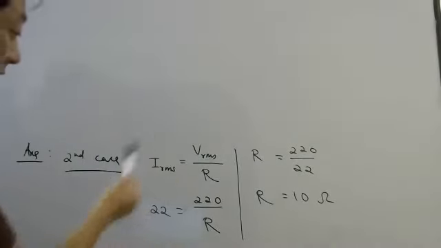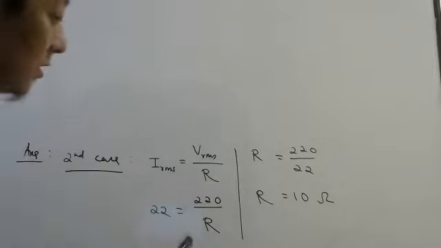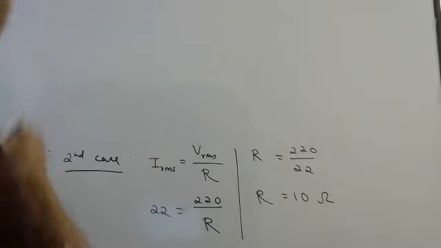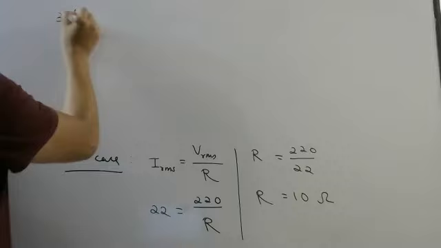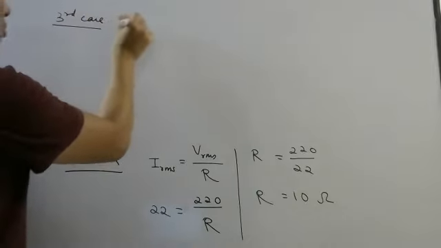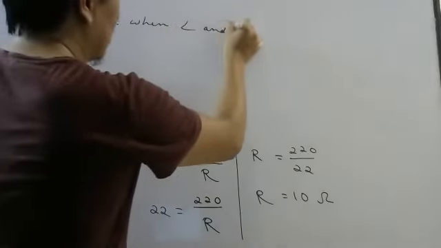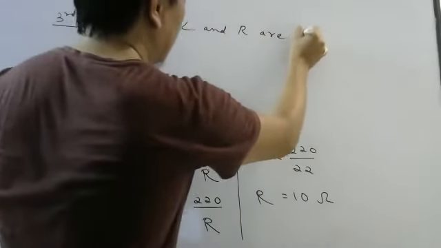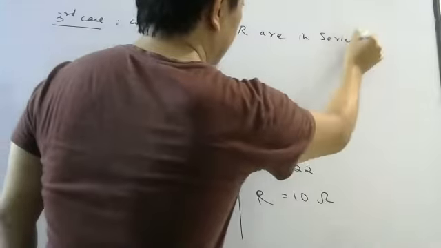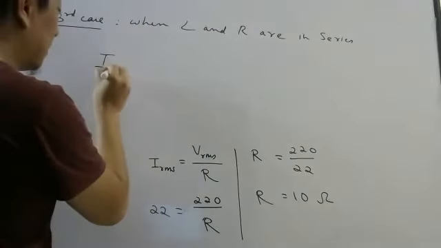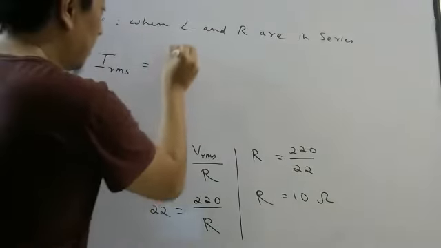So first case is inductor was alone. Second case, resistor is alone. Third case, this is when L and R are in series. That time they want current. That will be V RMS.